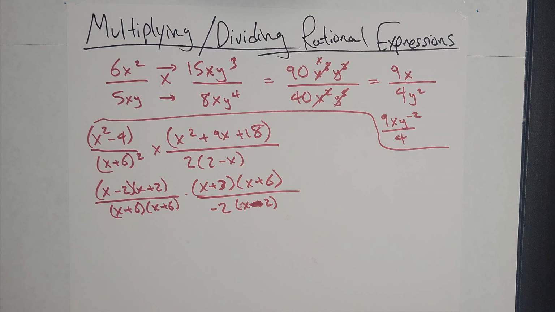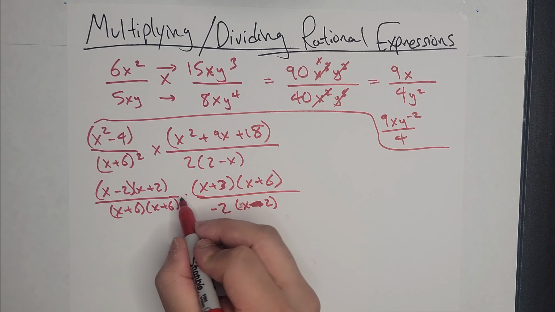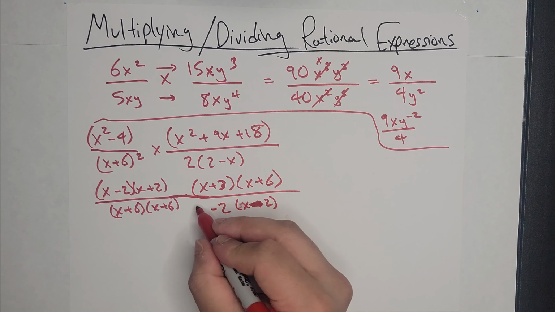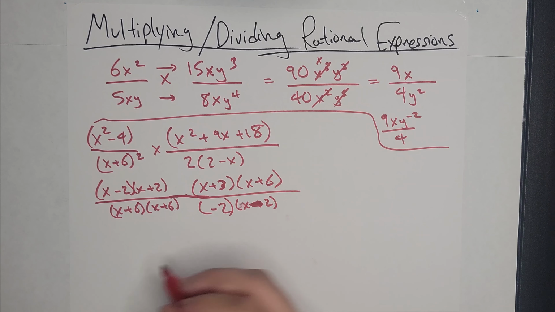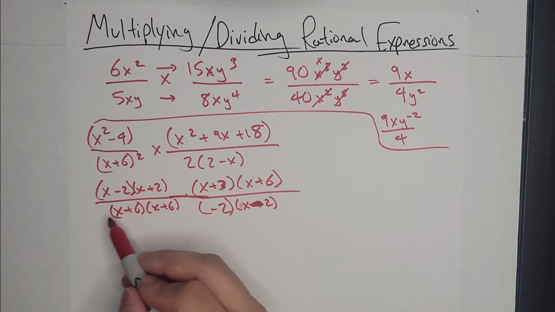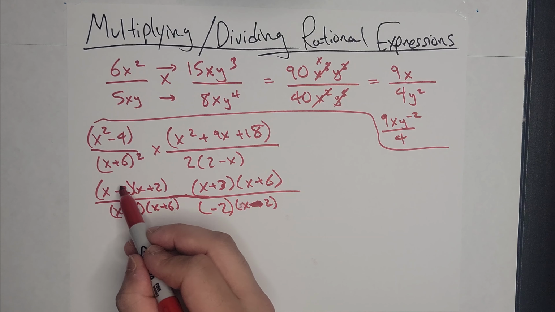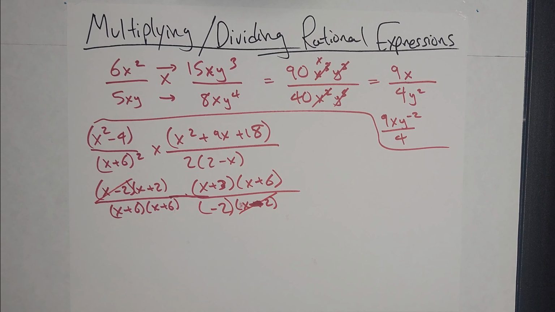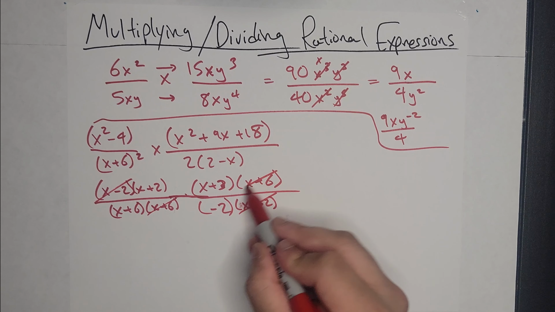Now, I can start canceling things out. So if I put all this over the same fraction, now I have in the denominator x minus 2 and in the numerator x minus 2. Those are gone. Same with one of these x plus 6's.